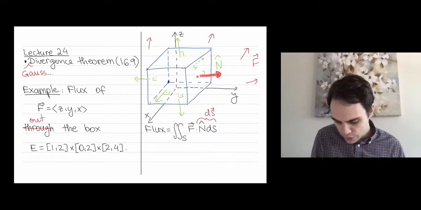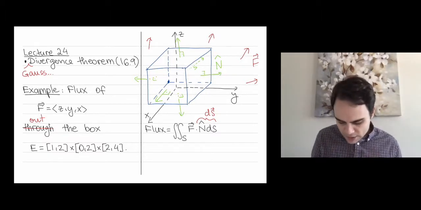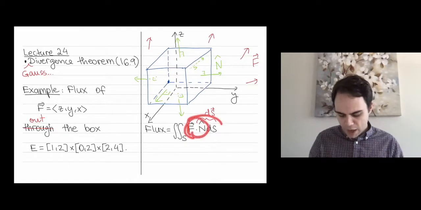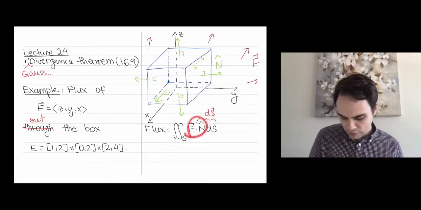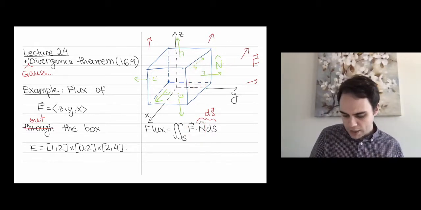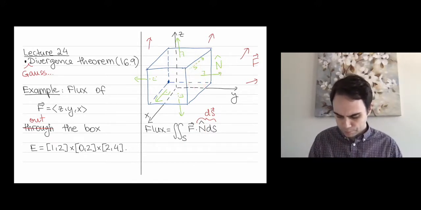I'm using the outward as opposed to the inward because if f points in the same direction as n, then the flux will be positive in the neighborhood of that point. So if I have a point where f points like this and n points like that, this is matching. This would be positive, and I want positive flux out of the box. So I want to use this normal.